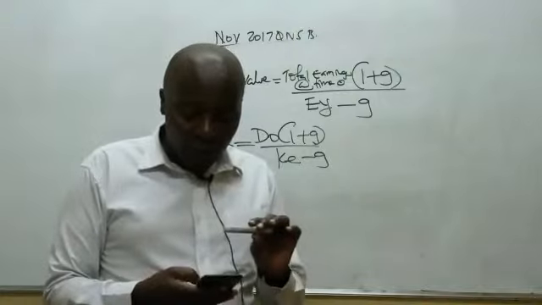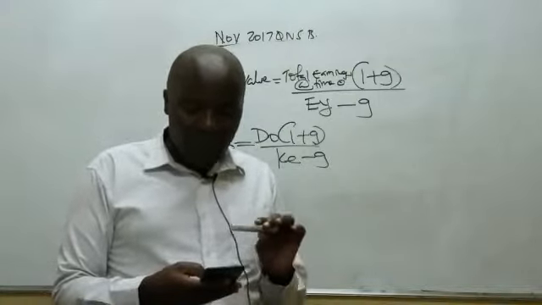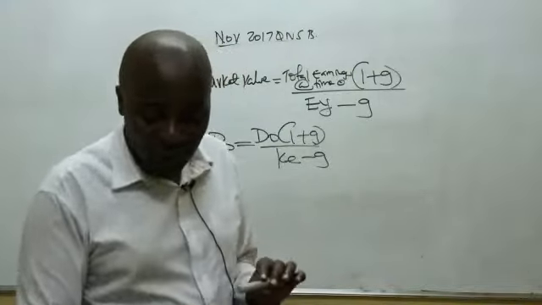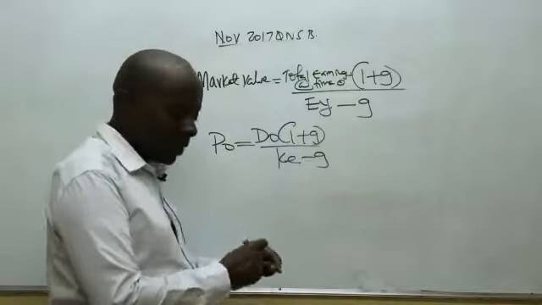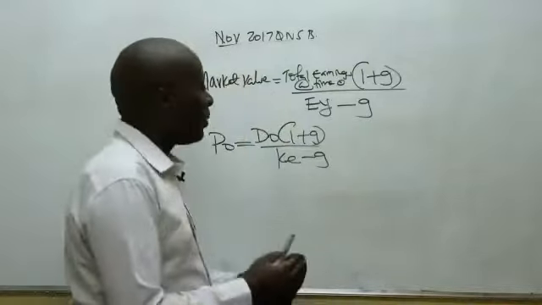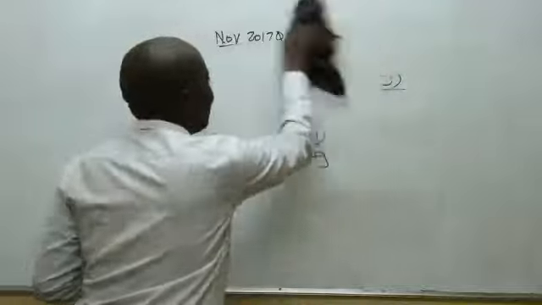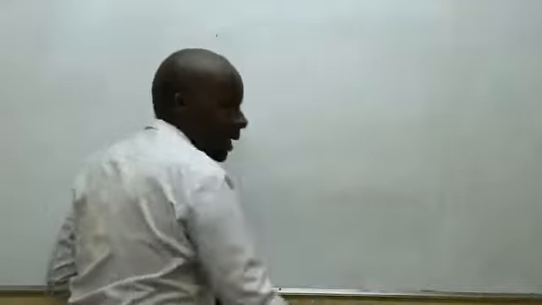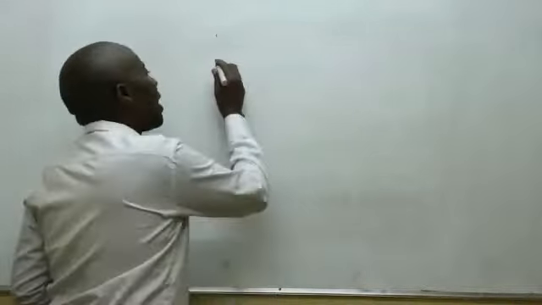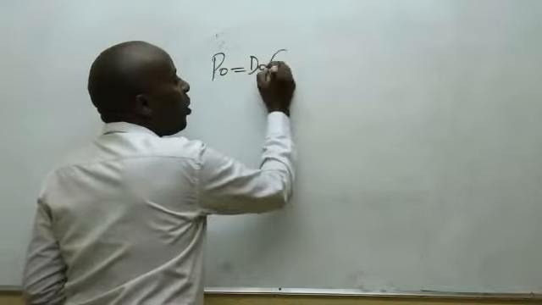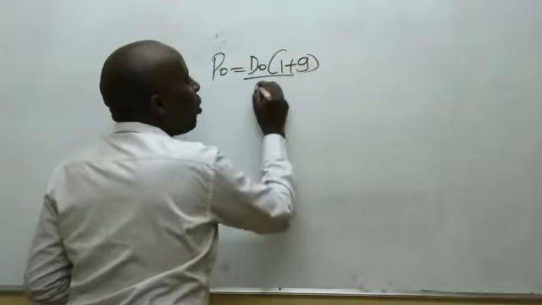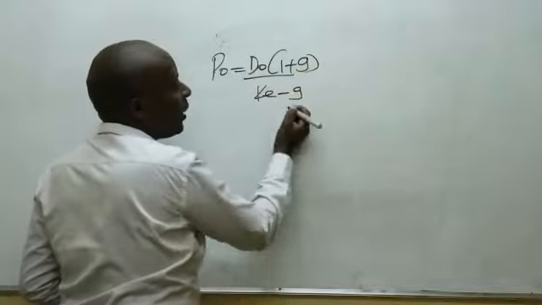And then they want me to give them the value of the firm based on the present value of expected earnings. So if it is market value, because they want me to give them market value, first of all I'll remind them the formula of P0, which is D0 into 1 plus g all over Ke minus g.